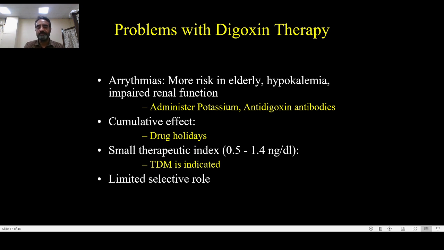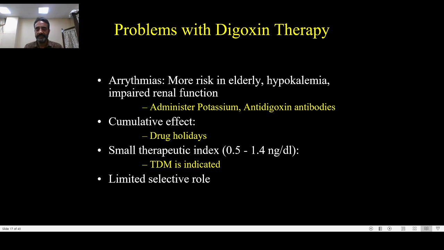Now, what are the problems with digoxin therapy? Arrhythmias. There is more risk of arrhythmias with these drugs, especially in the elderly. These arrhythmias tend to happen more when there is hypokalemia.